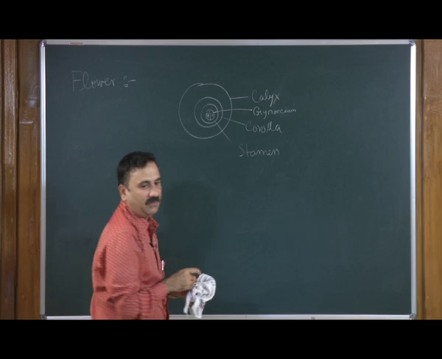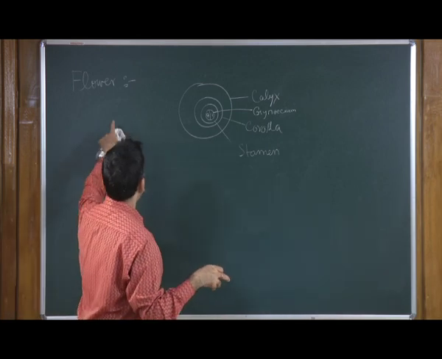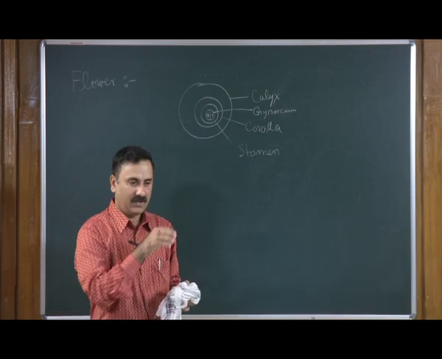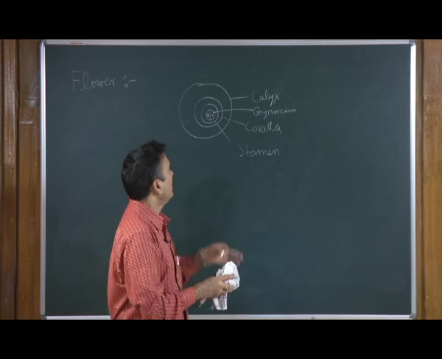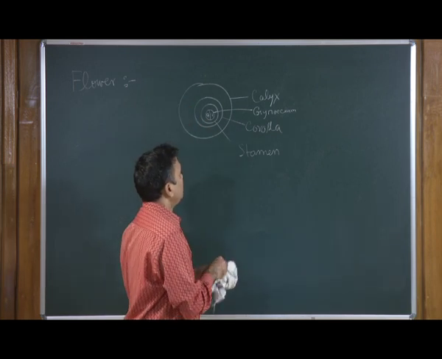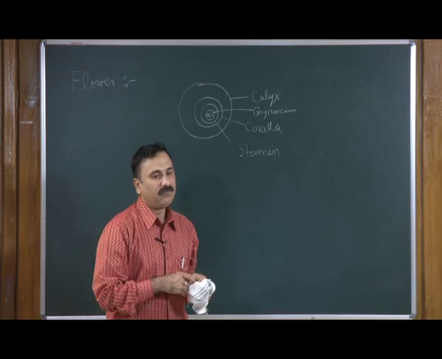What is meant by the floral diagram is that the floral formula is the arrangement written in a 1D structure, but you can actually make a diagram of the arrangement of the stamen and corolla, and in that case it is called the floral diagram.